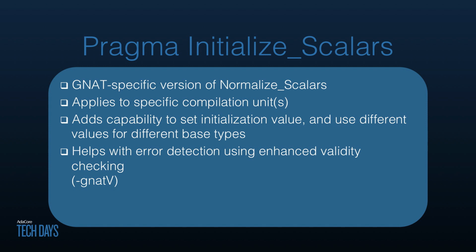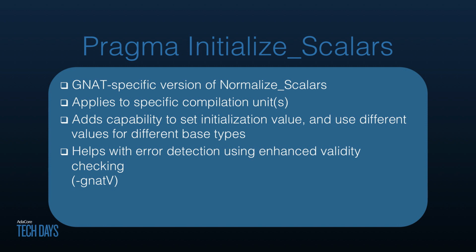Similar to normalized scalars is the GNAT pragma called Initialize_Scalars. It's similar in that it allows you to initialize global data. It's different in that normalized scalars is for your compilation, your environment, your whole executable. Initialize_Scalars is for a particular package, so you can initialize it on a particular package.